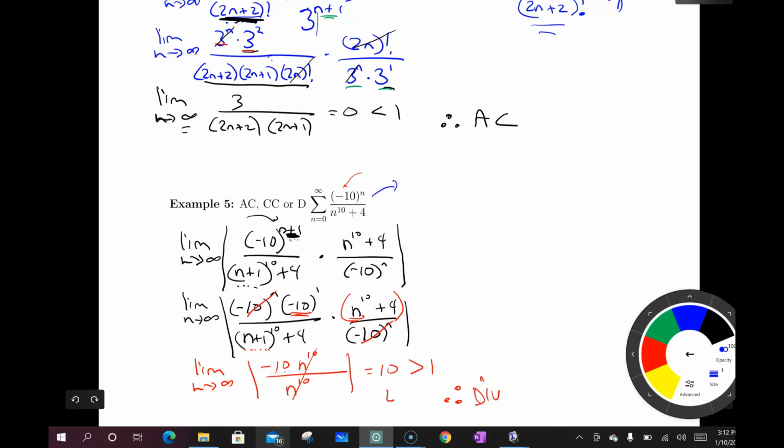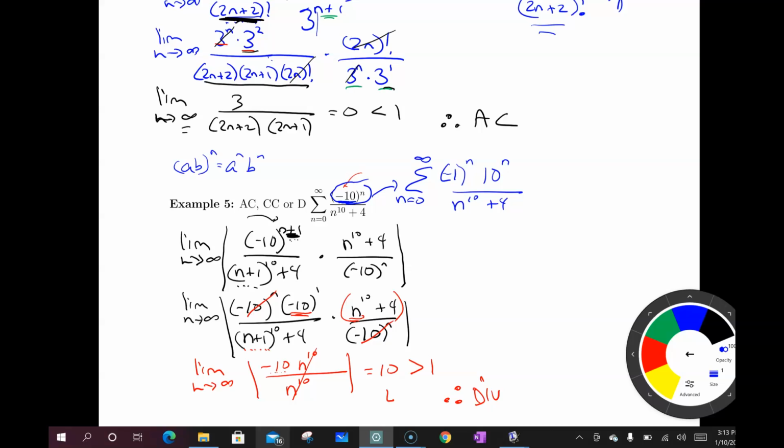So let me just make a comment about this one. I could have, in the beginning, separated this up. So I could have said this is negative 1 to the n times 10 to the n. Correct? Because I could split this up, because if I have (ab) to the n, that's the same as a to the n, b to the n, correct?